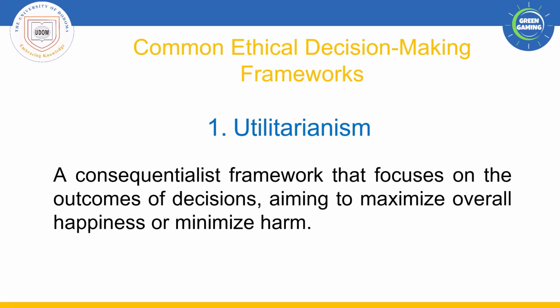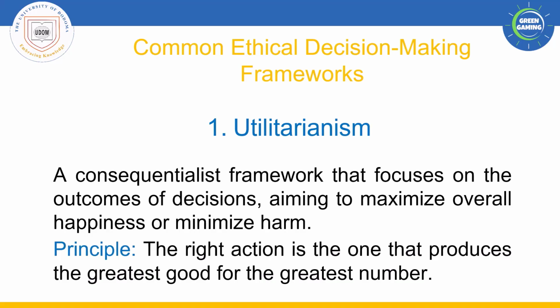So for instance, in healthcare, maximizing patient outcomes, even if it means trade-offs that may disadvantage some individuals. In this utilitarianism framework, the principle is that the right action is the one that produces the greatest good for the greatest number.